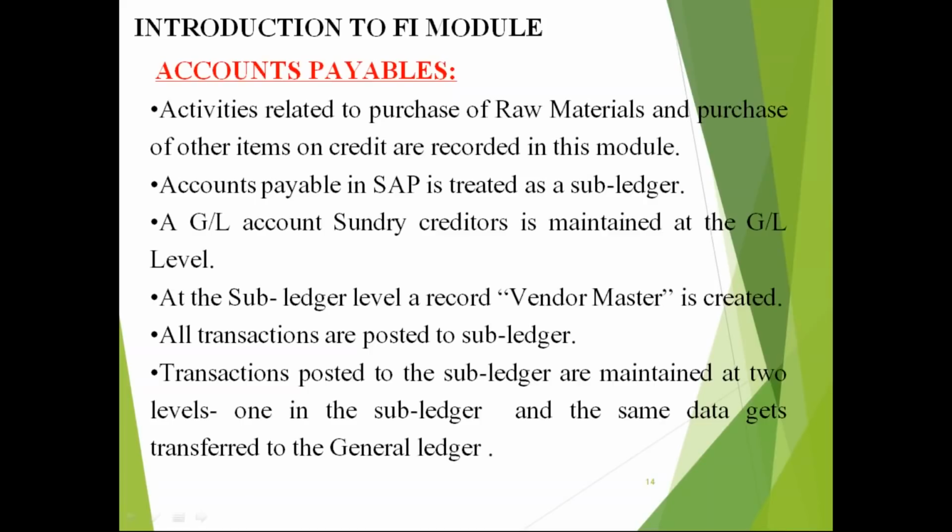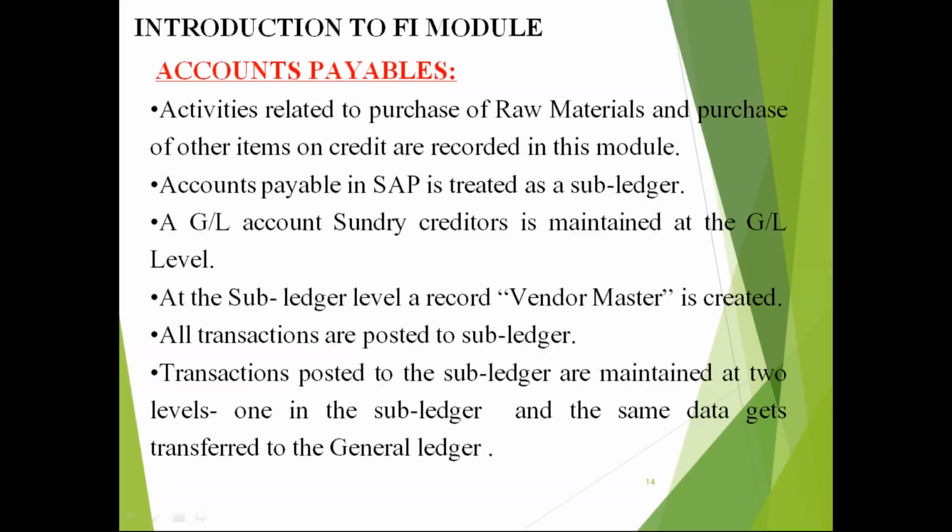So our area of focus here, when we talk about payables, we'll be talking about all our credit purchases. Now, that doesn't mean that we are not going to talk about the cash purchases, because in SAP, as far as the cash transactions is concerned, there's a separate process which we'll be doing once we complete our accounts receivables. So as of now, we are talking about our credit purchases.